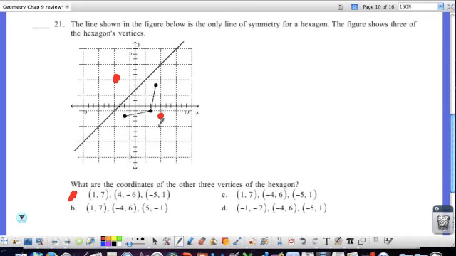It does not possibly work, so it cannot be choice B. Choice C, 1, 7 we've determined works, and -4, 6 we've determined works. -5, 1 also appears to work, so it could be C. Let's just double check D. D is -1, -7. That point is not going to work, so it has to be C.